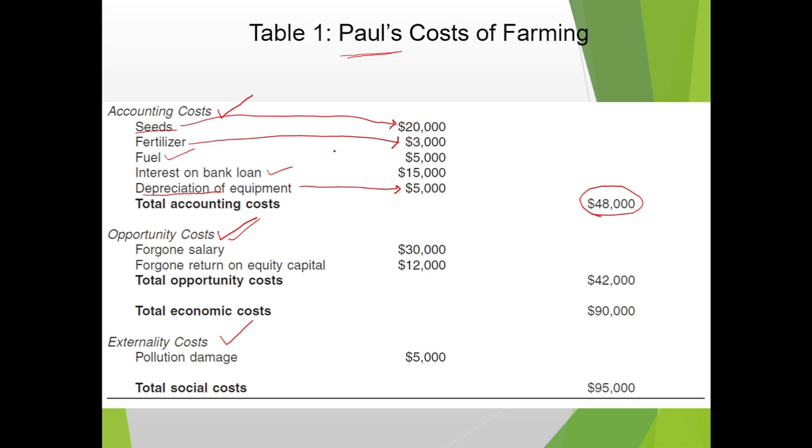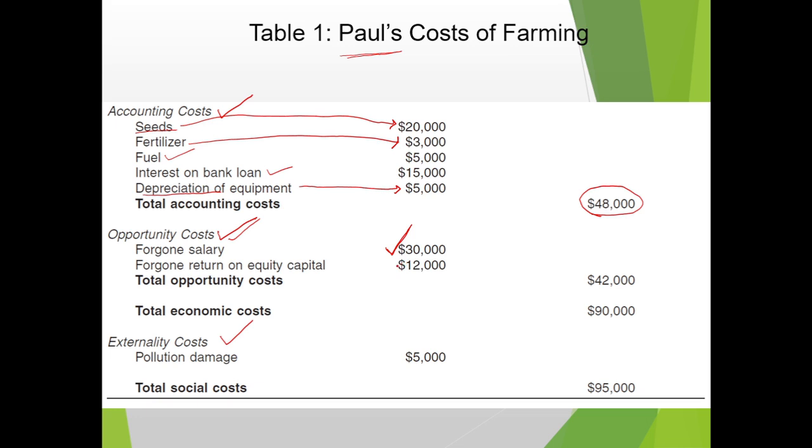Now, let's suppose that if Paul was not doing farming, he could do a proper 9 to 5 job. If he would have been doing that job, he could have made $30,000 as salary. So this is the benefit he has foregone in order to perform farming, right?